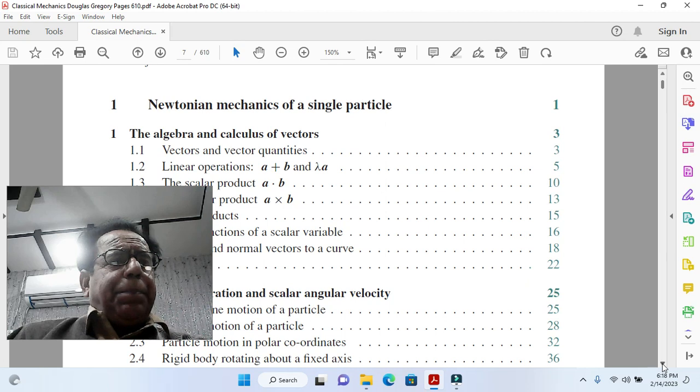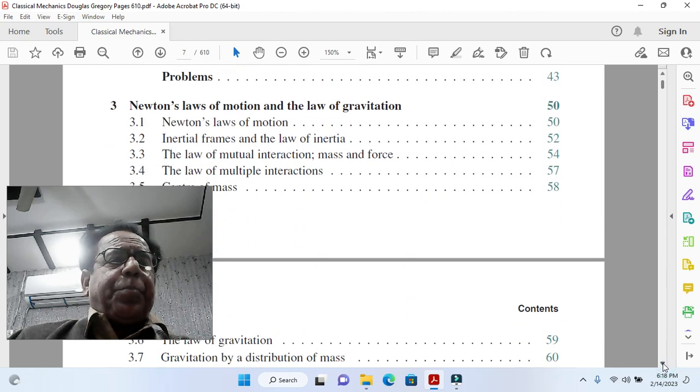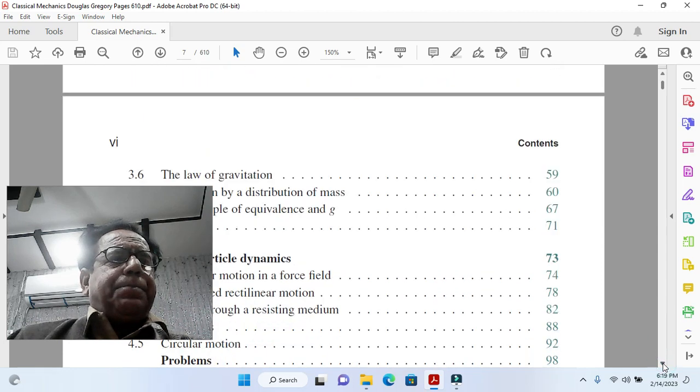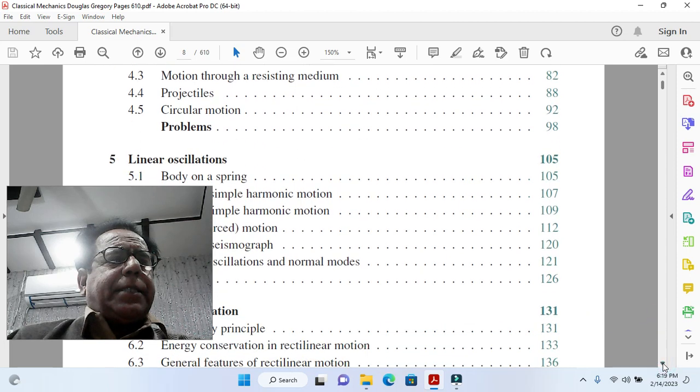Its first chapter is the algebra and calculus of vectors. Its second chapter is velocity, acceleration and scalar angular velocity. Its third chapter is Newton's laws of motion and the law of gravitation. Its fourth chapter is problems in particle dynamics.